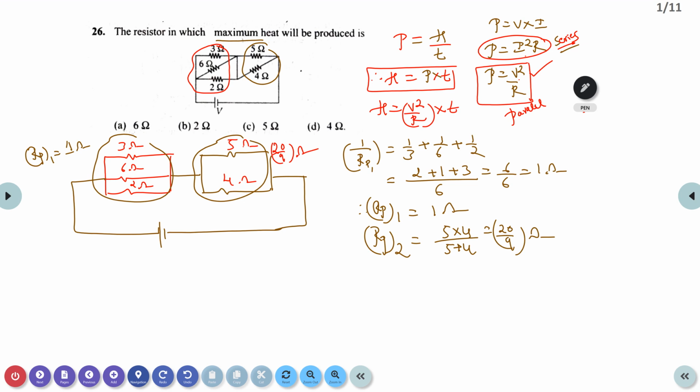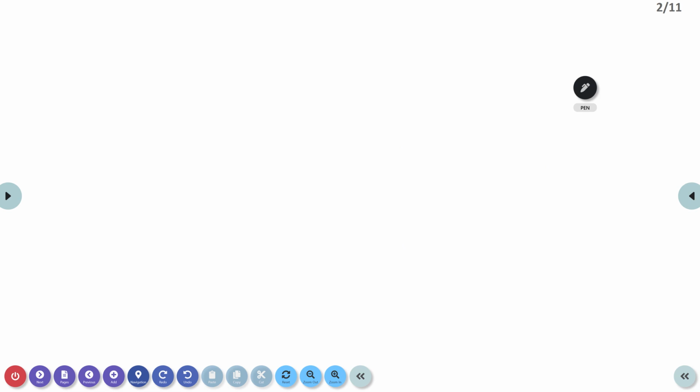I hope that is clear for you. Now, I will redraw the diagram. This is 20 by 9 ohm, and this is 1 ohm. And this is connected to the battery.